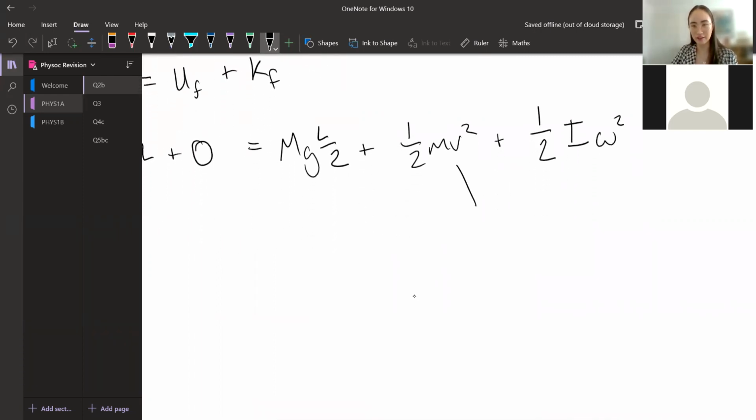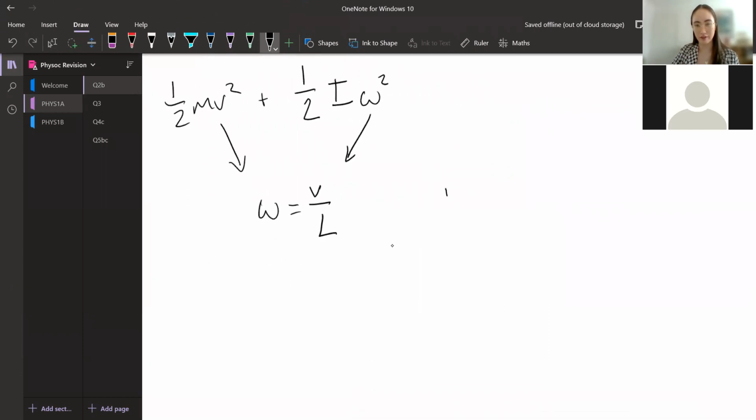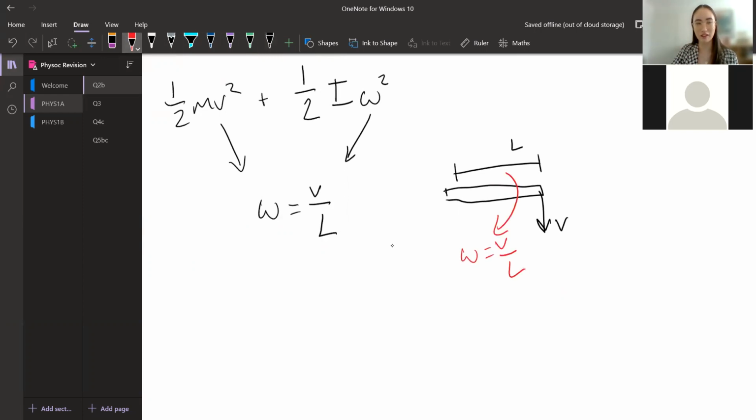And these two values are related by omega is equal to V on L. So we've got some sort of rod, the end has a velocity like this and a length L, and we can define the angular rotation by the velocity over the length.